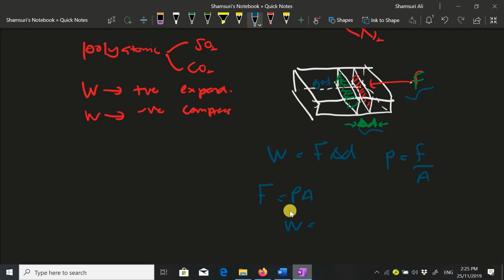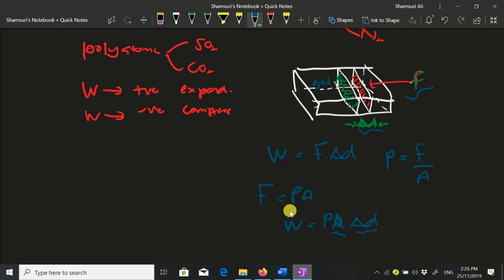So work W is equal to PA, and then F = PA times Δd. But A is the area, and Δd is the diameter.